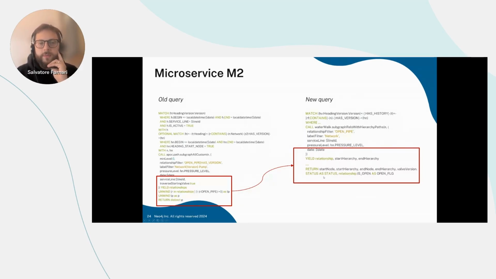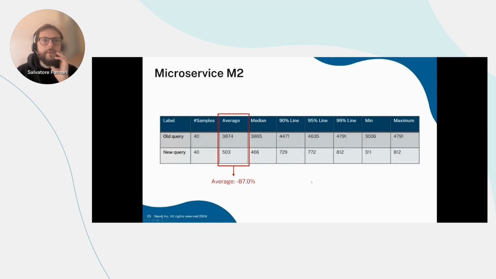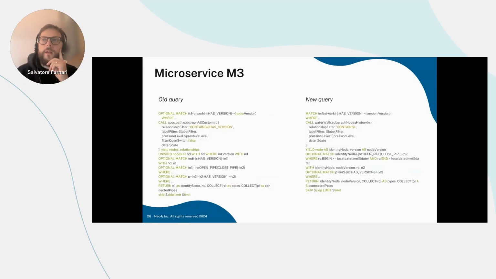This statement is also deprecated starting from Neo4j 5. Here you can see the result of the time reduction. And then we have the last microservice, which is one of the most used in our domain.